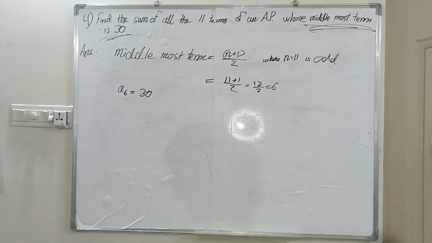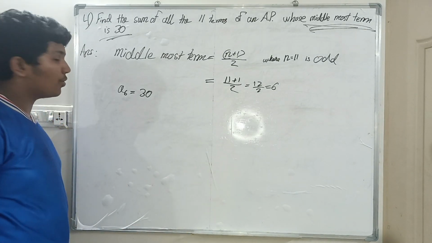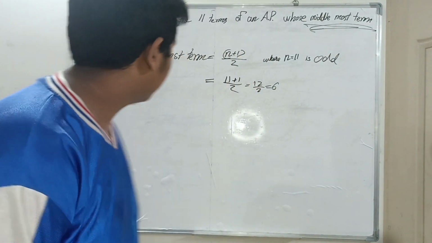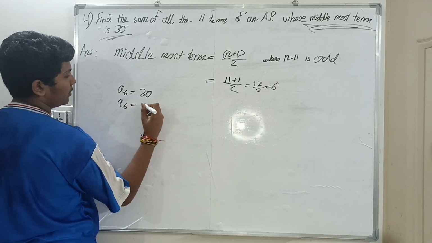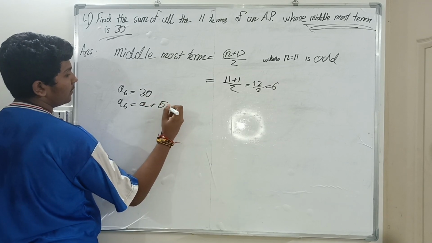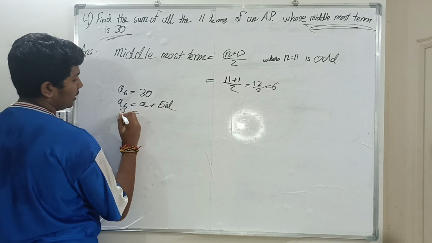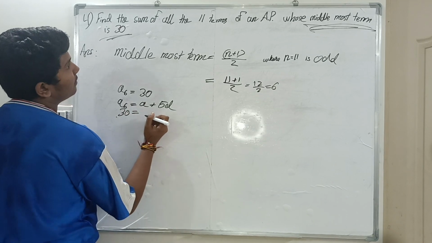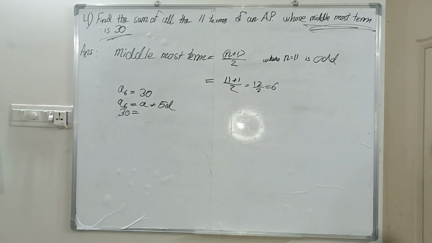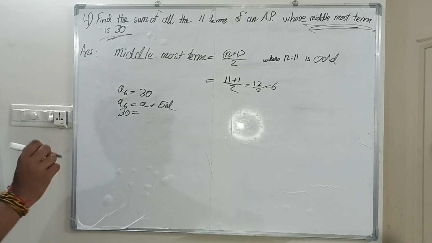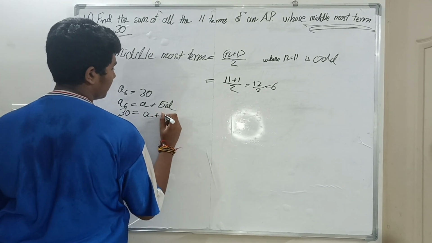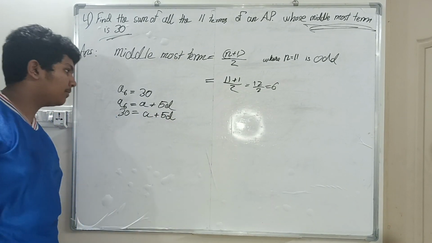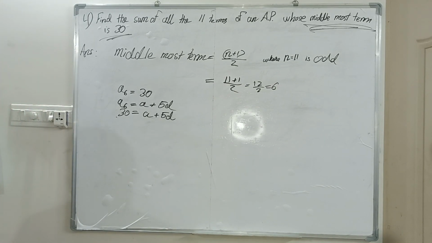So what you're going to do here is find the a and find the d. So how are you going to do that? Here A6 is equal to a plus 5d, which will give you 30 is, what is a? a is not given, right? So we'll put that as a plus 5d.